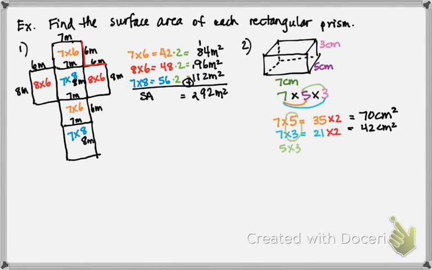If you think about it, these 2 get paired up together, okay? And that's going to give me 15, but again, I have 2 surfaces that have the same dimensions. That's what's great about rectangular prisms. And we get 30 square centimeters. So if I want to figure out the surface area, I add them up and get 142 square centimeters.